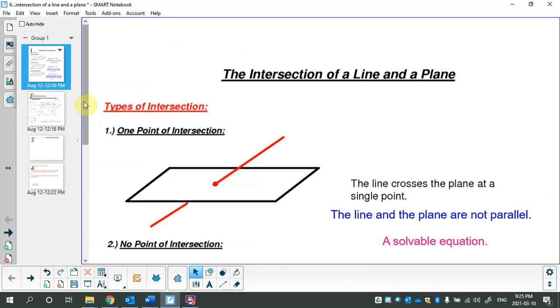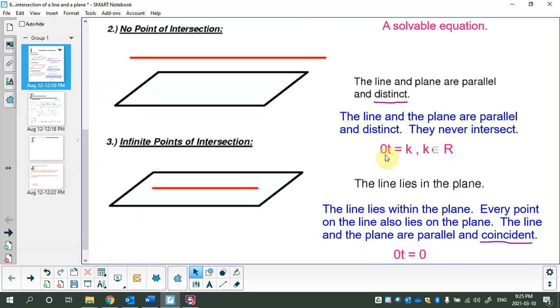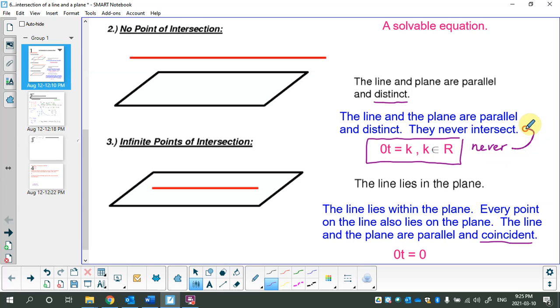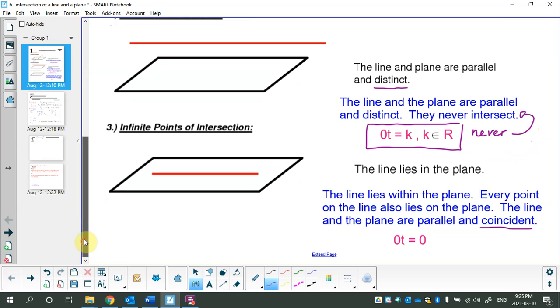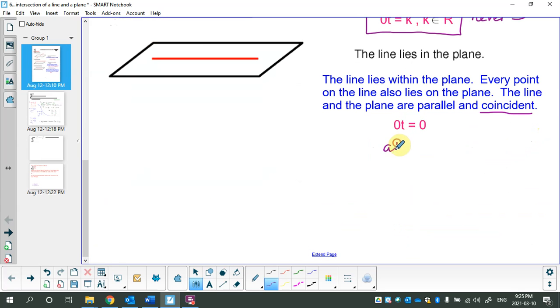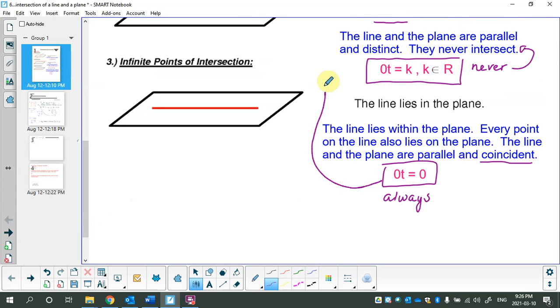My guess is, it'll either be this situation, which is never, so that means they never intersect, or this situation, which is always, in which case you get to say there are infinite many points of intersection, or you can say the line and the plane are parallel and coincident.